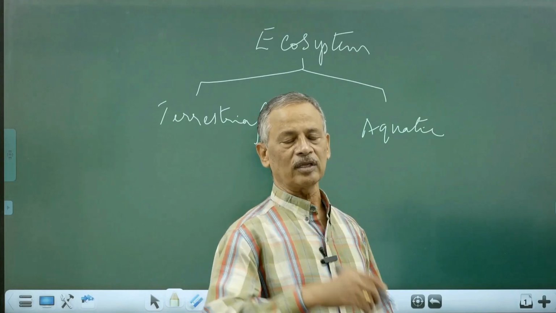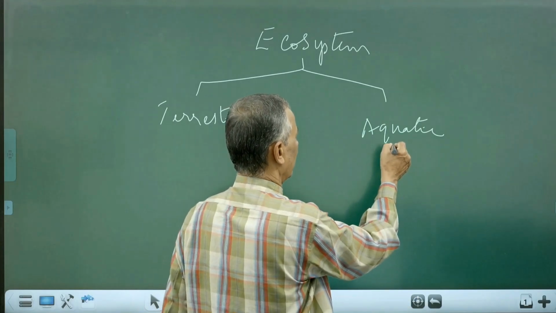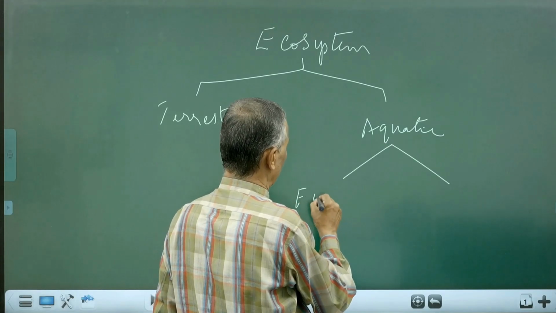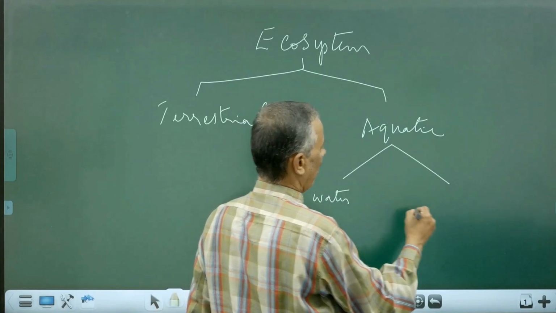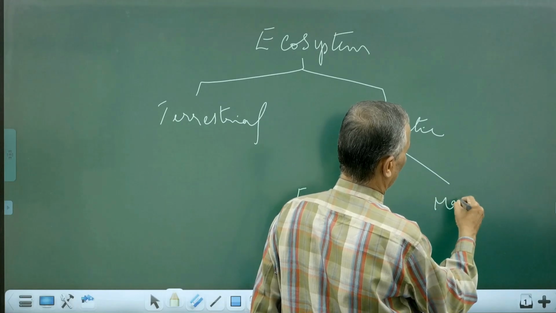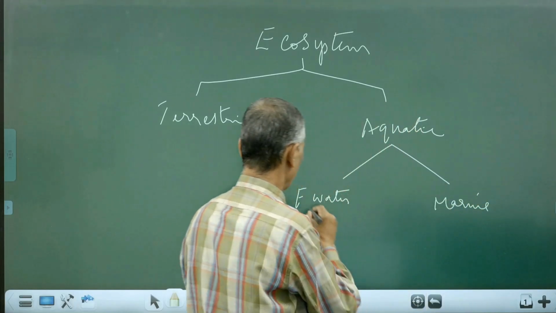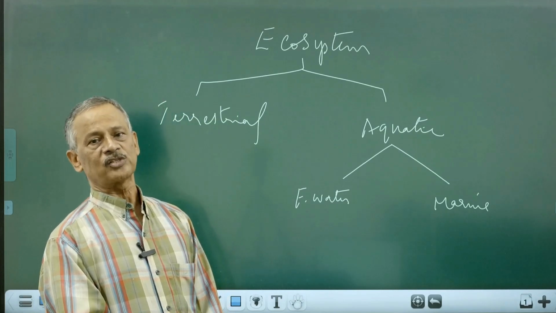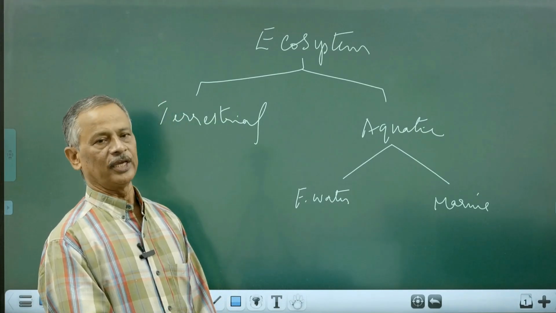These aquatic ecosystems can be again classified into, divided into freshwater and marine ecosystems. Okay, freshwater and marine ecosystems.